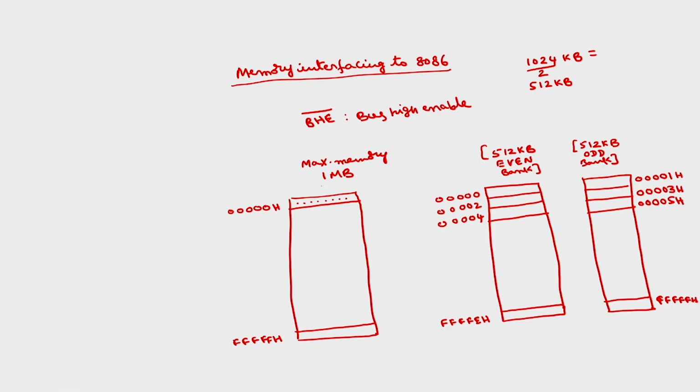Now we know that for even addresses A0 is 0. If I take A19 to A0, A19, A18, and so on up to A1, A0, for all even addresses this A0 is equal to 0, and this is equal to 1 for odd addresses.